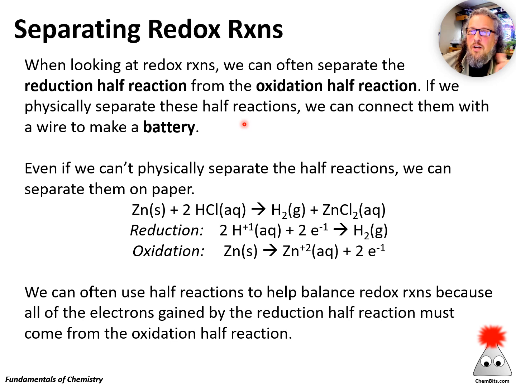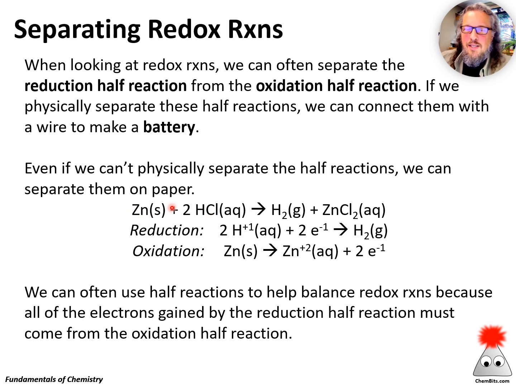And when we're talking about a redox reaction, we're talking about transferring electrons between the reduction and the oxidation process that are taking place. So we can often physically separate these half reactions. But even if we can't physically separate them into a battery, we can always separate them on paper.